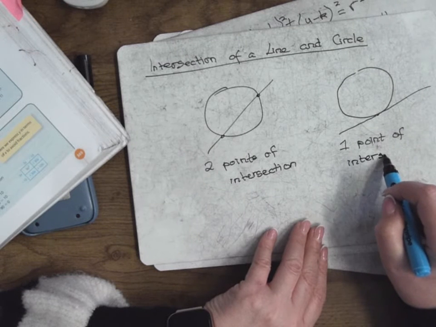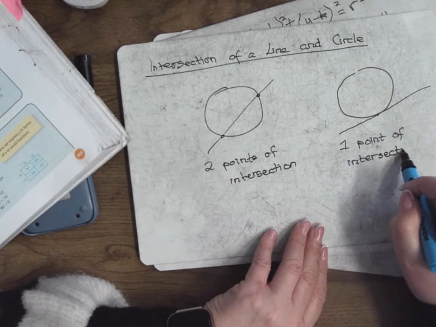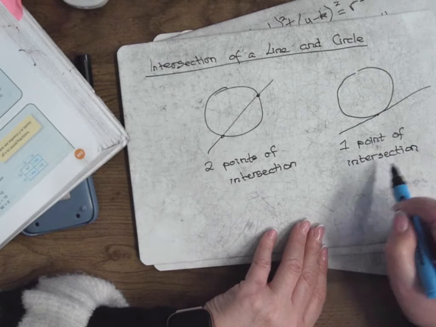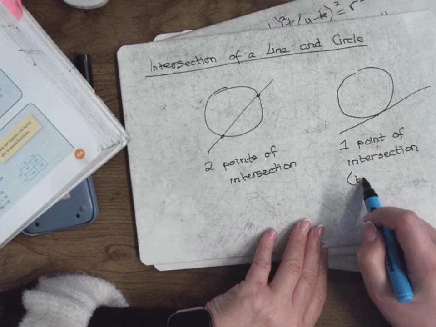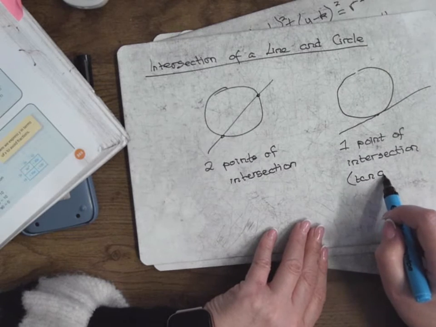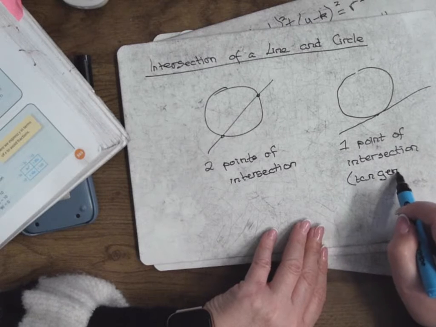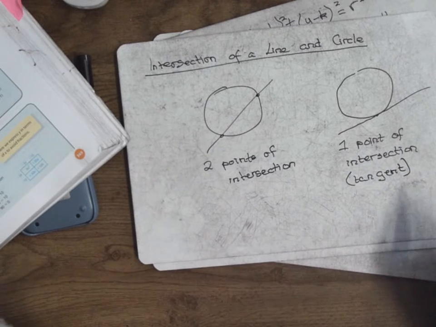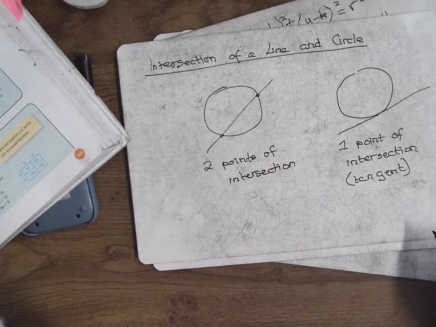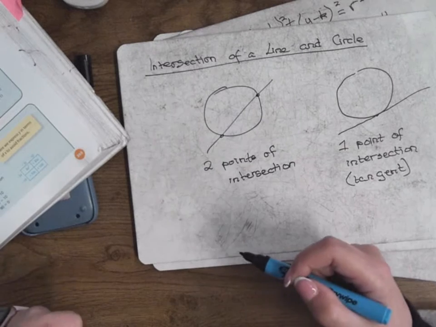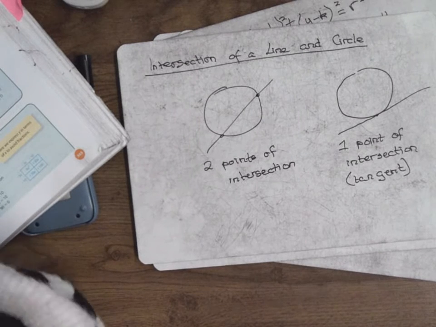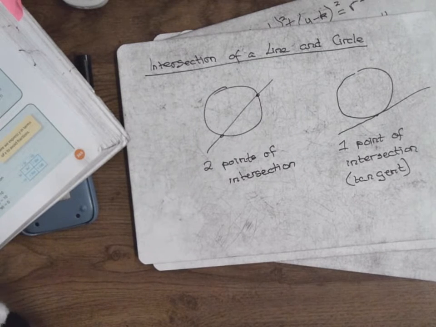It's a tangent. Okay? So sometimes they will phrase this question as find the point of intersection of the line and the circle. Sometimes they will phrase this question as prove this line is a tangent. So you get the point of intersection, there turns out to be one. If there's one point of intersection, it's a tangent.